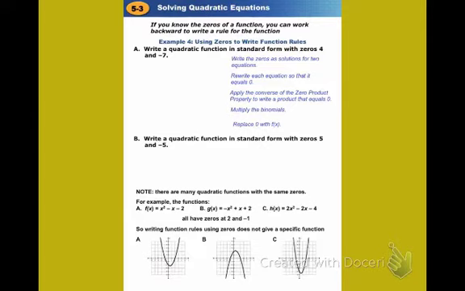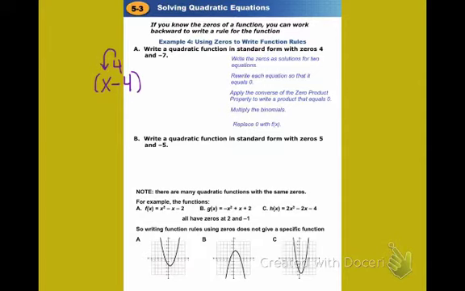So if we think about how we solved quadratic functions, we factored them, and then we took the two binomial factors and we set them equal to 0. Now we're working backwards. We know the zeros, we want to get the binomial factors. So if I had a solution of 4, it must have come from the binomial x minus 4, because if I put 4 in for x there, it would give me 0.